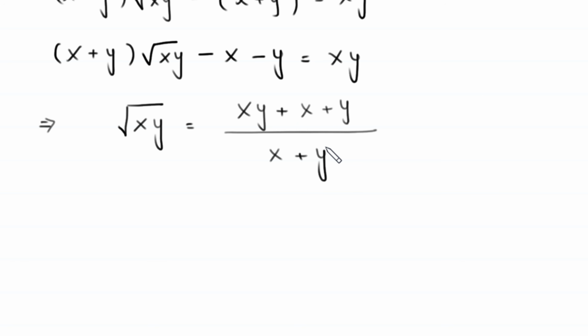Now because x and y are positive integers, this whole right hand side is a rational number.